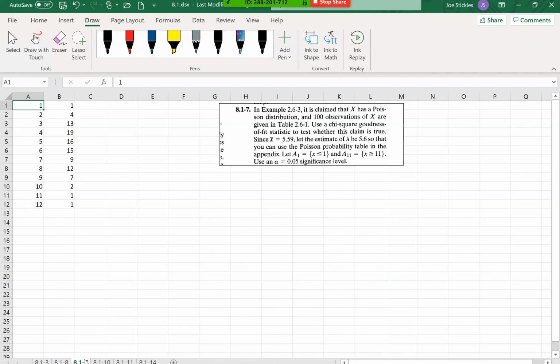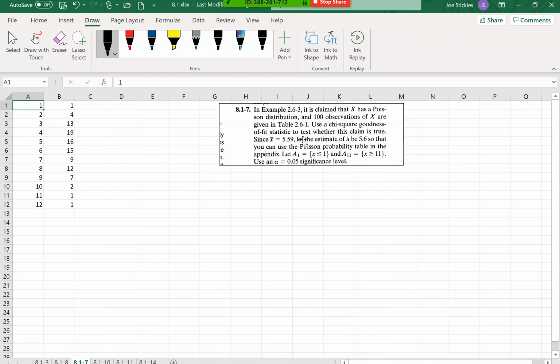Your maximum likelihood estimator for lambda is the mean, the x bar. So you're going to use whatever your sample mean is, which in this case is 5.59, that they told you it was 5.59. This is what you're going to use as your mean for the Poisson distribution.